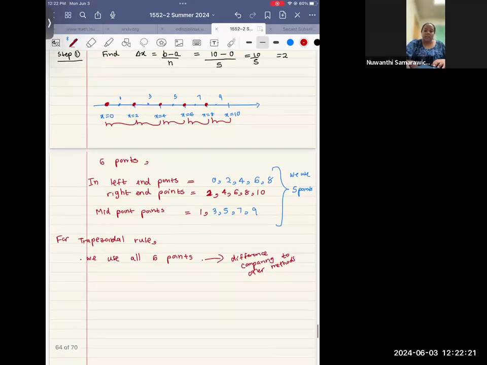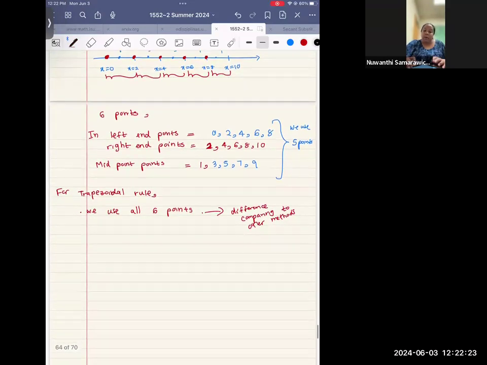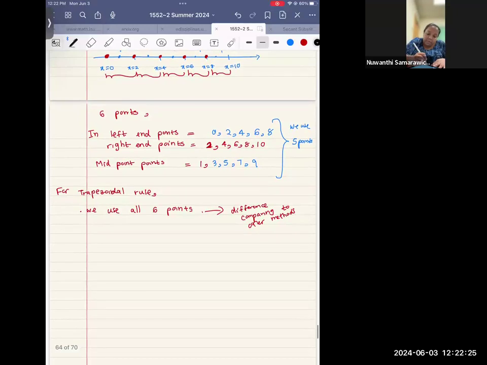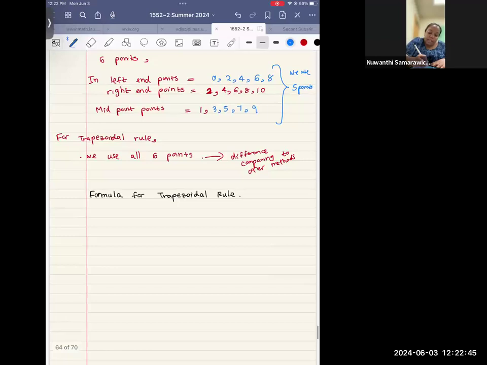Okay, now let's learn the formula for the trapezoid rule. The trapezoidal rule we name with a capital T_n.